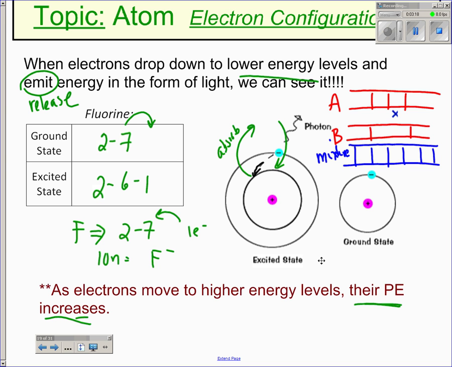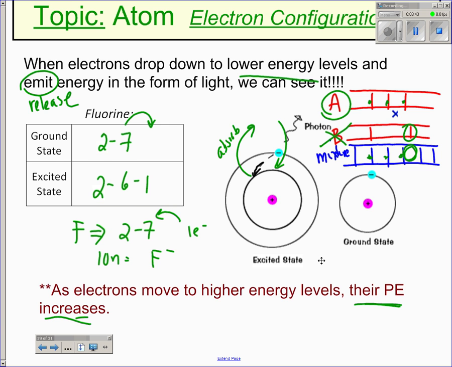Now, you have to look at element A, and you see all 3 of element A's spectral lines are in the mixture, so element A is definitely in the mixture. If you look at B, yes, one of the spectral lines is in the mixture, but the second one is not. So element B is not in the mixture.